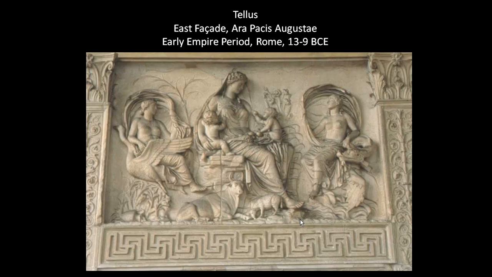There's rationality. The early empire period is a time of a new political system, the first emperor. So maybe it's talking about how this new political system brings a rationality, and that rational political system is what's allowing for this growth, this flourishing, this life, this abundance.